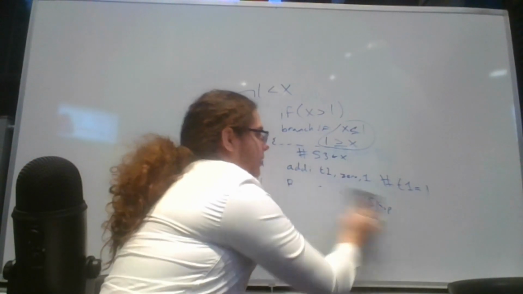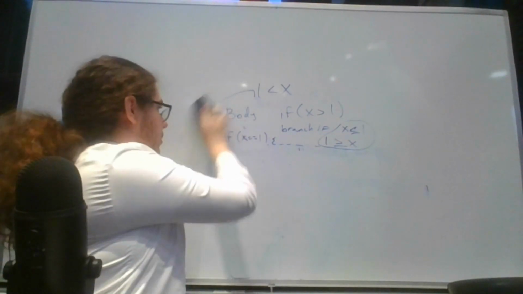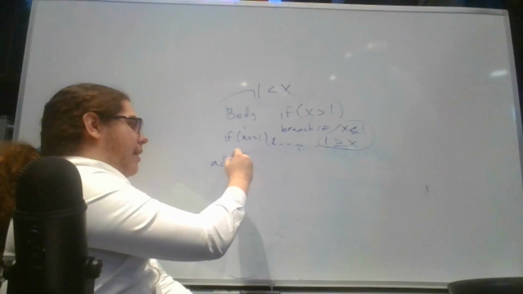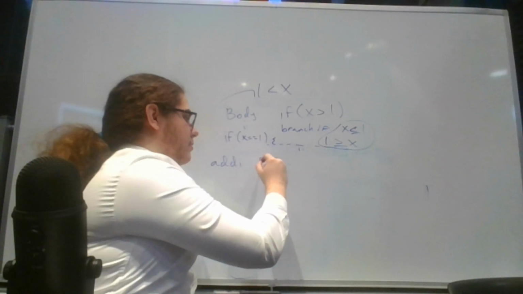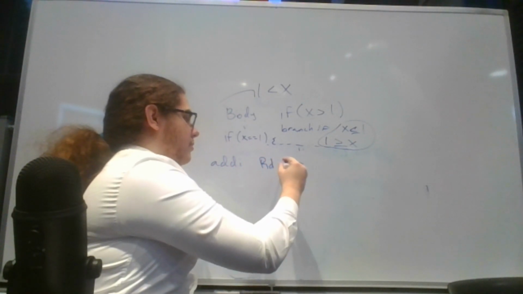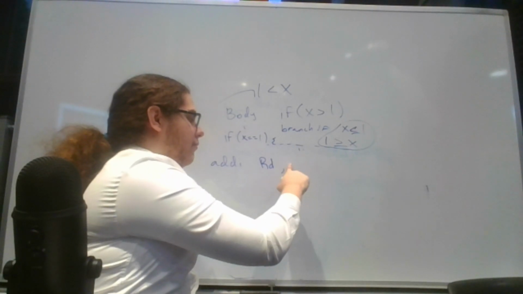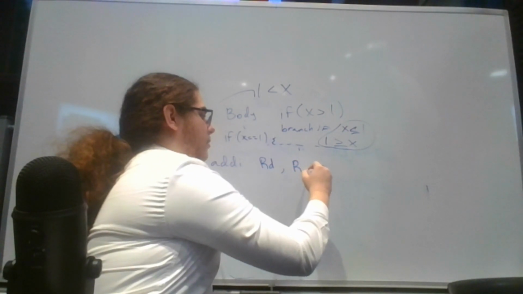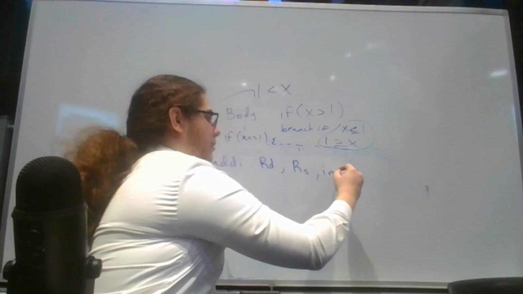So if I said add immediate, this is your destination register, and then you have, I think it's RS, and then the immediate.